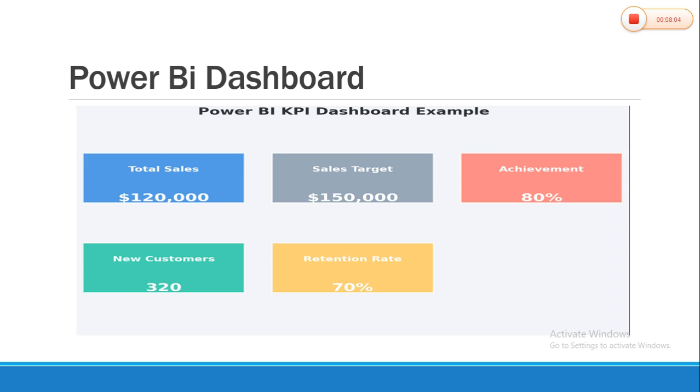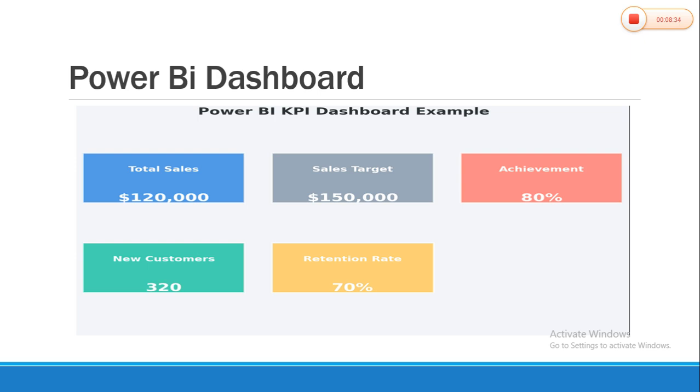Right? So this slide is a typical example of KPI in data analysis, right? So as we can see, we are looking at the total sales of $120,000 of a particular company against a sales target of $150,000.